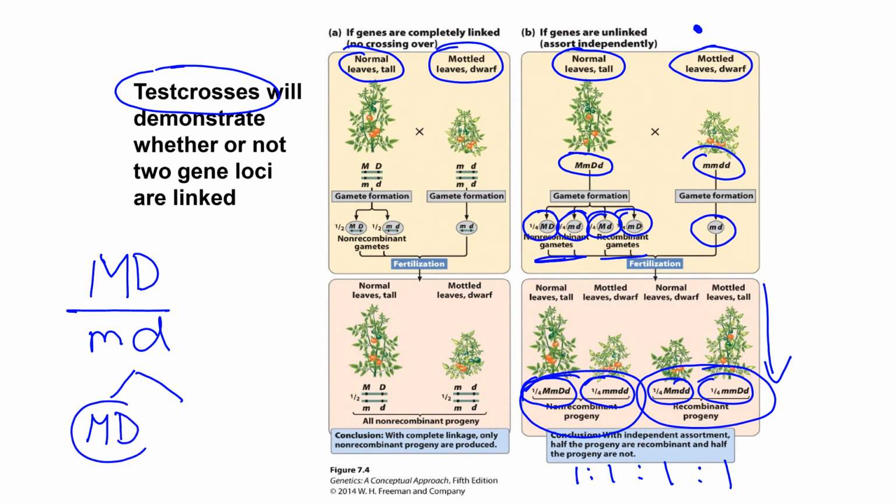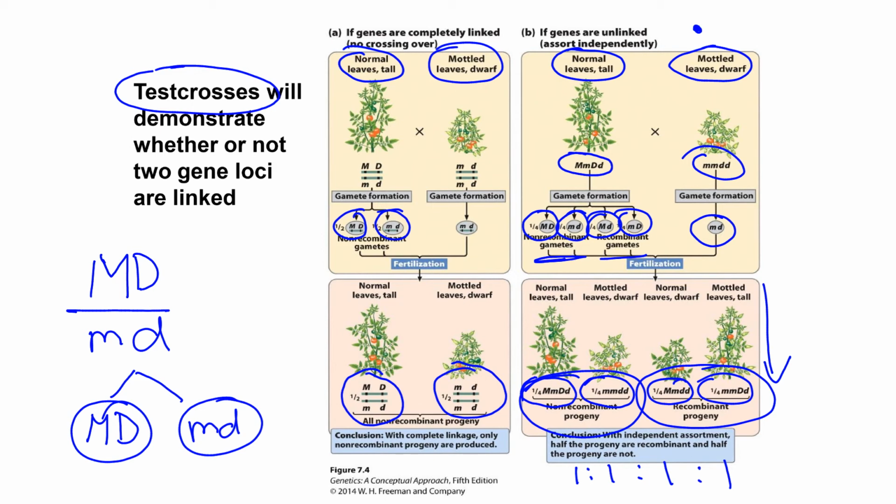So in the test cross, half of the offspring will be dominant, tall and with normal leaves, and half will be recessive for both traits. Both of these offspring resemble the parental generation. So with complete linkage, you will only get non-recombinant progeny.